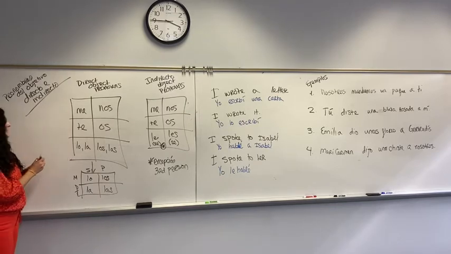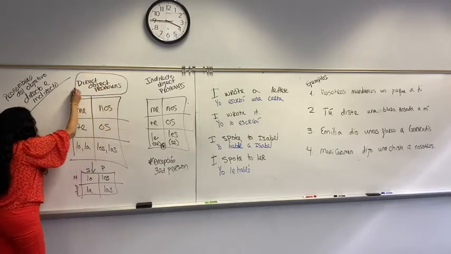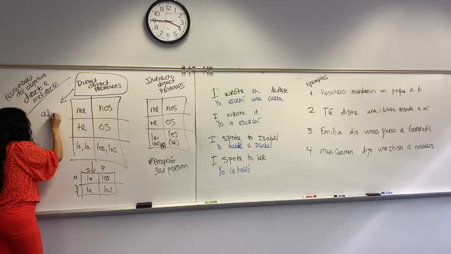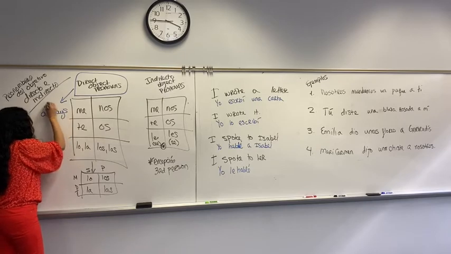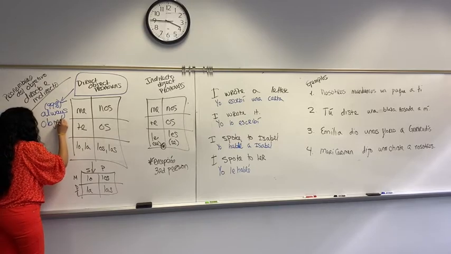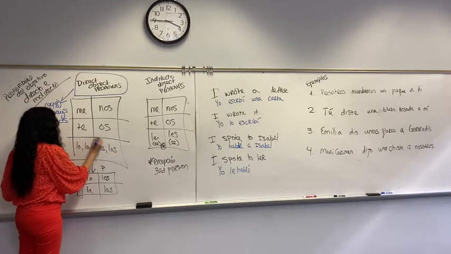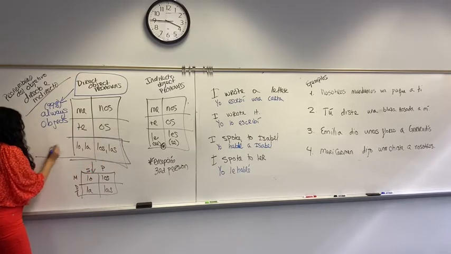Now, one of the things that you can do though is direct object pronouns are almost always, as in 99% of the time, going to be objects. Now, if you remember, or maybe you don't, objects are always going to be third person.